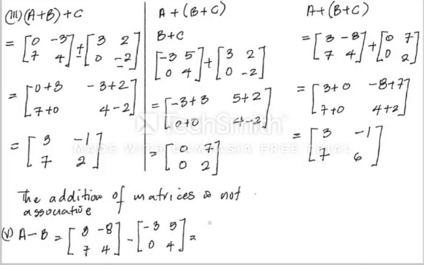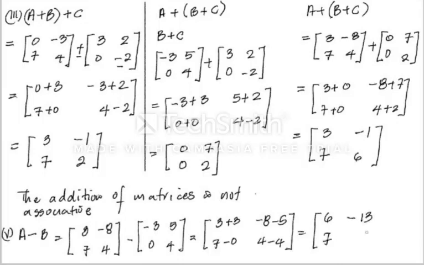So A minus B, remember, we subtract corresponding elements. 3 minus minus 3, which is plus 3, minus 8 minus 5, 7 minus 0, 4 minus 4. So A minus B is equal to 6, minus 13, 7, 0.